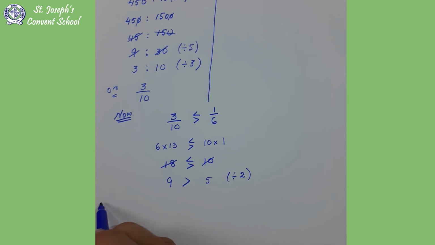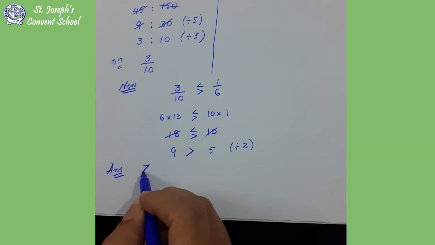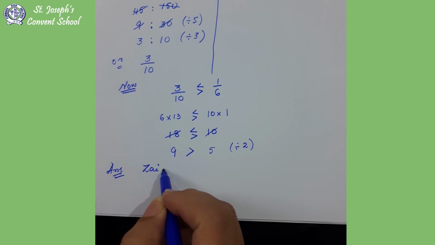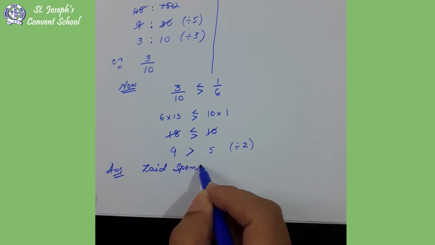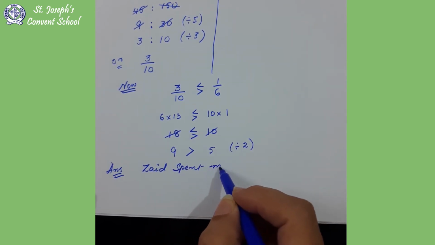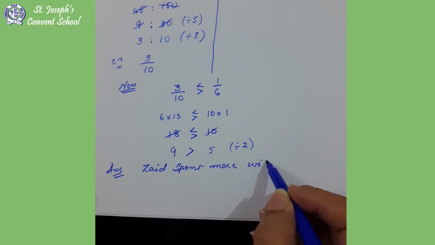Okay. So in the answer you will write this statement, because in the question there is a statement. So in the answer also you will write this statement that Z spent more amount.